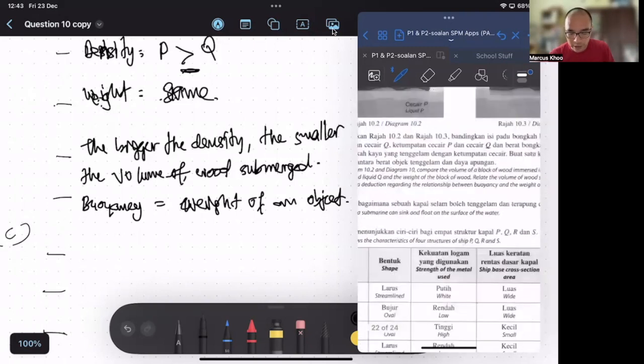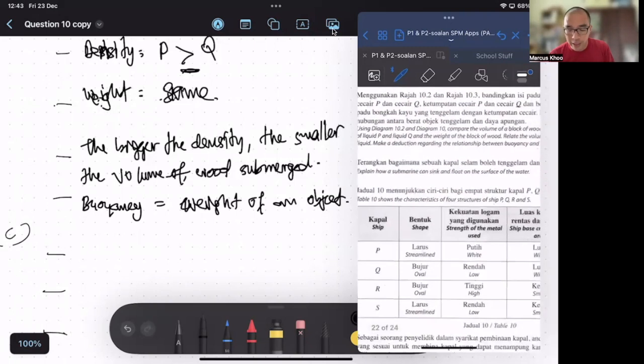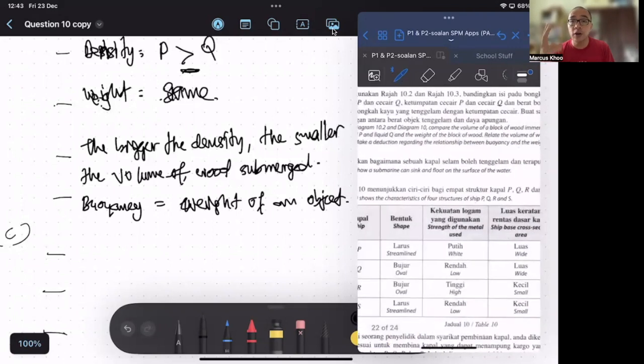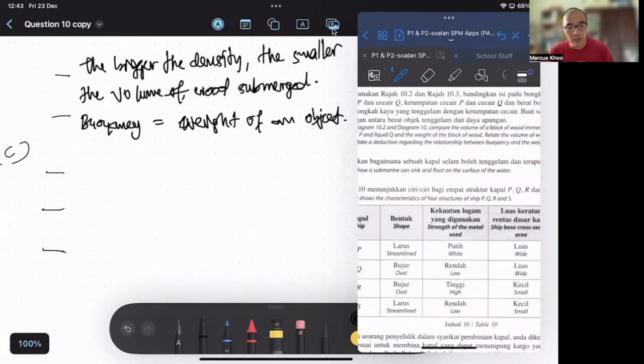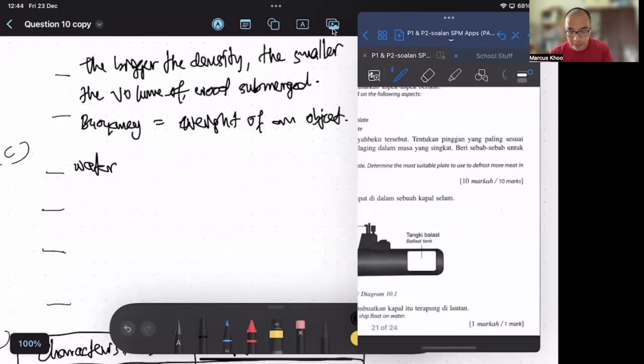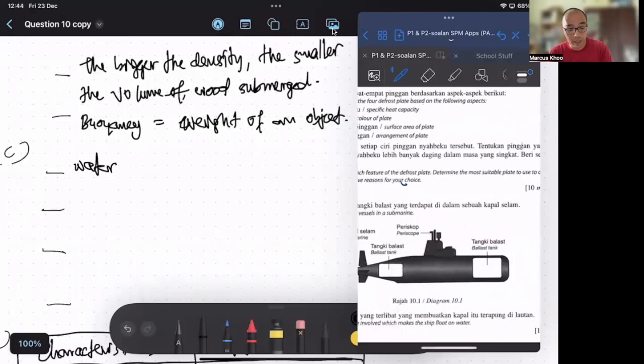Okay, next question. Explain how a submarine can sink and float on the surface of the water. 4-mark question. So again, 2 marks for how it sinks, 2 marks for how it floats. So how does it sink? If you take a look, the ballast tanks come into play.